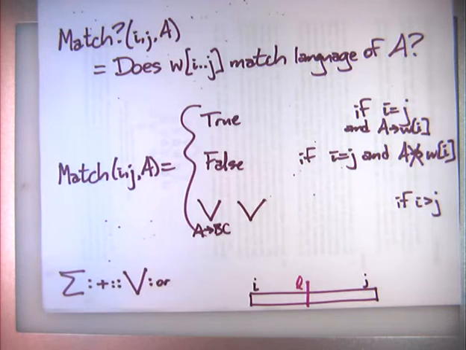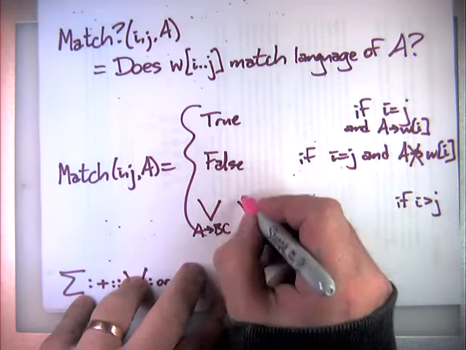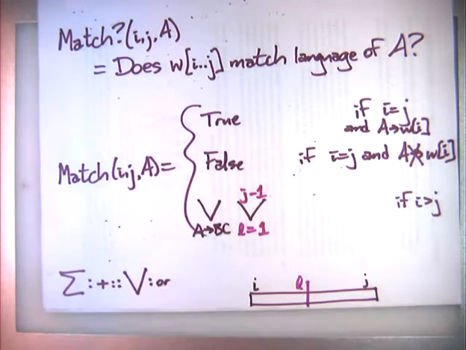The last index of the left part of the string. So I'm using this wonderfully mnemonic letter L, also because L is reasonably close to i and j in the alphabet. L can be anywhere from i to j minus 1, because I have to leave at least one character to go off to the right.